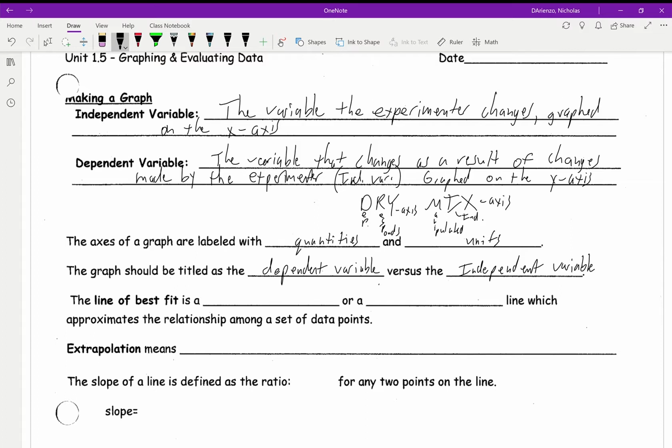This could be something like reaction rate versus time. Whatever your labels are on your x and your y, combine them together versus each other, and there is your title almost every time in a nice, safe way.